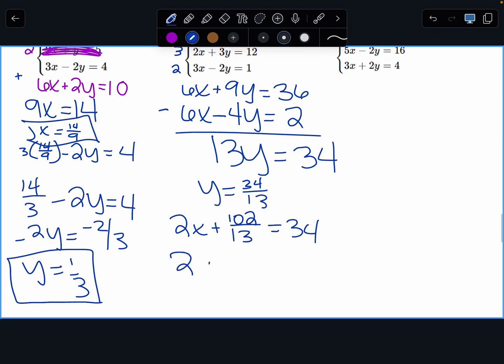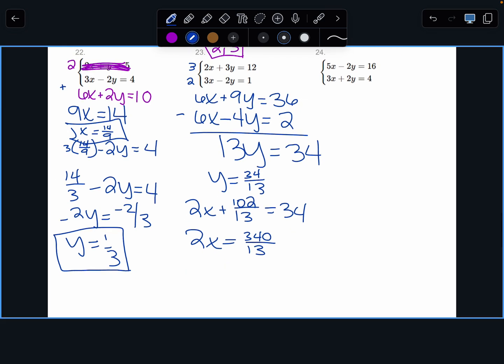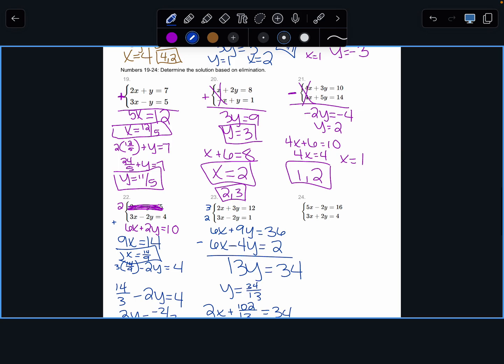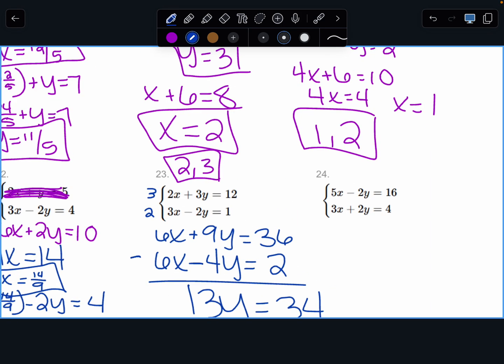Gives us 2x equals 340 over 13. Divide that by 2. And you should get x equals 170 over 13. Again, as long as you felt good about 20 and 21, you should be okay. We're not worried about the big fractions.